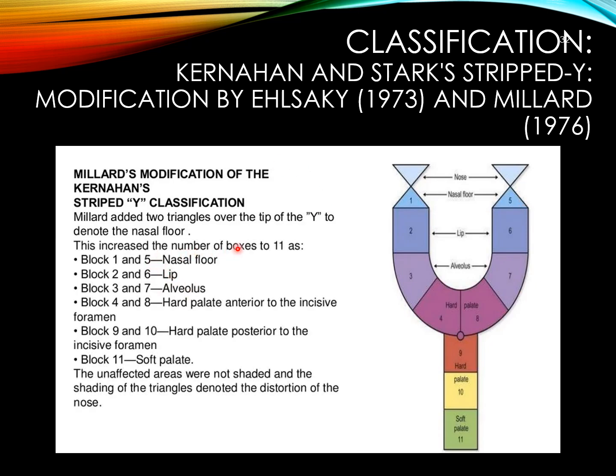This increased the number of boxes to 11: box 1 and 5, nasal floor, right and left; box 2 and 6, lip, right and left; box 3 and 7, right and left alveolus; box 4 and 8, hard palate anterior to the incisive foramen, right and left; box 9 and 10, hard palate posterior to the incisive foramen; box 11, soft palate.